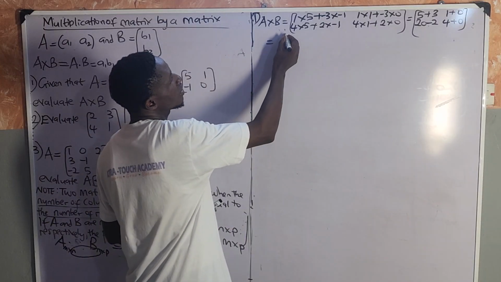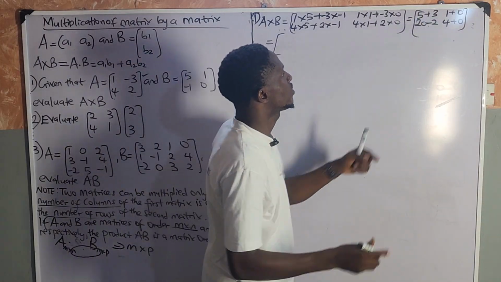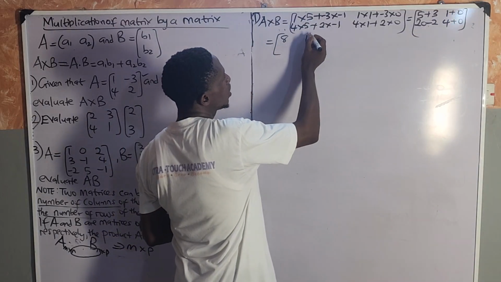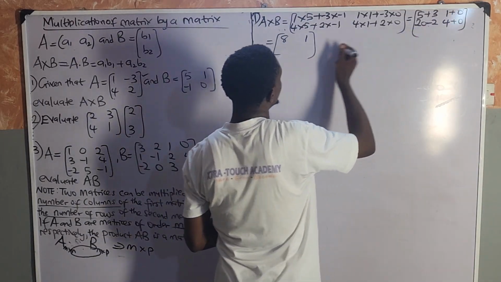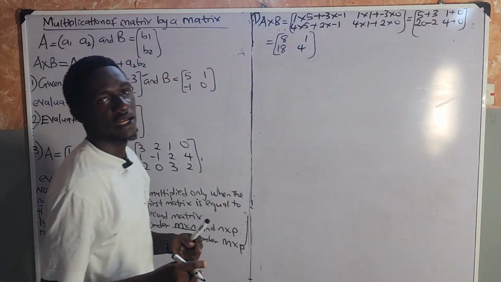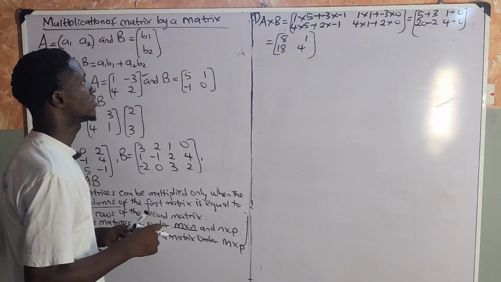So the final answer is 5 plus 3 is 8, 1 plus 0 is 1, 20 minus 2 is 18, 4 plus 0 is 4, and that is the final answer.